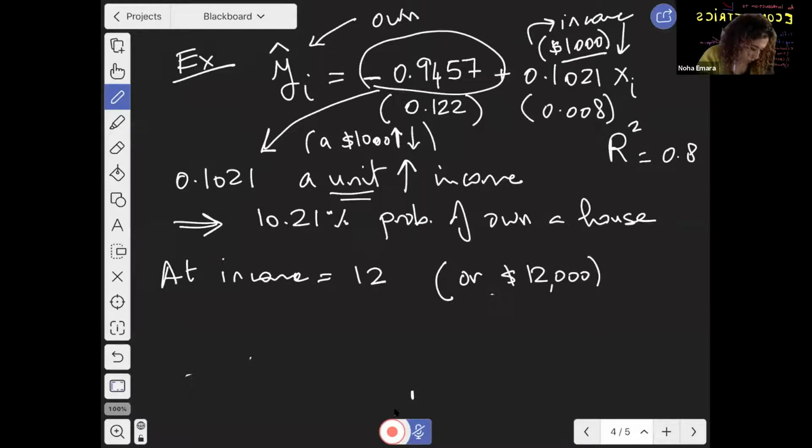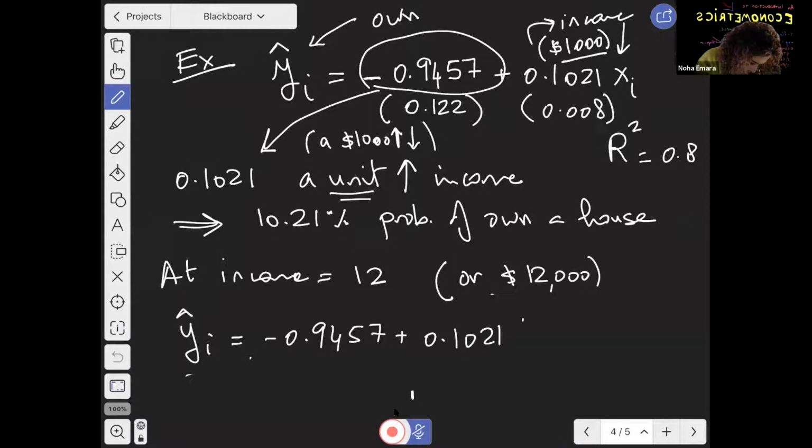Now I want to compute this. I'm going to plug in this number in y i hat: y i hat is equal to negative 0.9457 plus 0.1021 times 12. You just multiply and add and subtract, and then you will get this number, 0.2795.